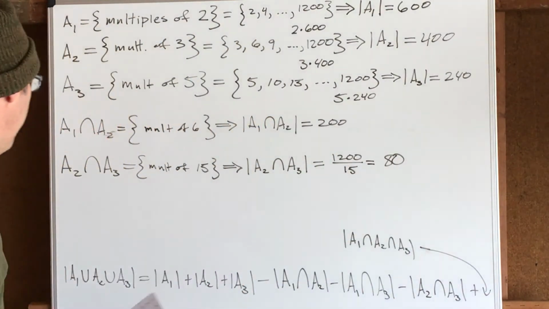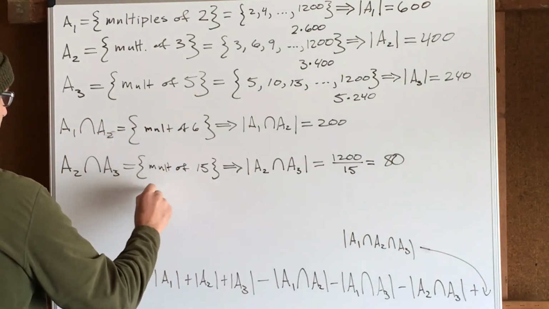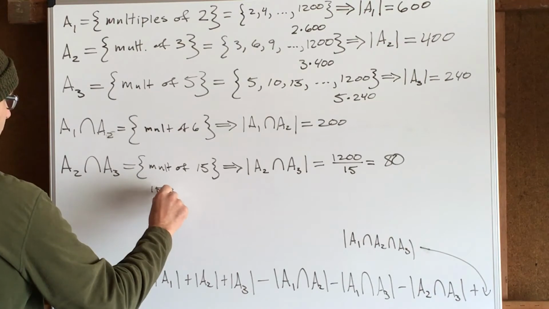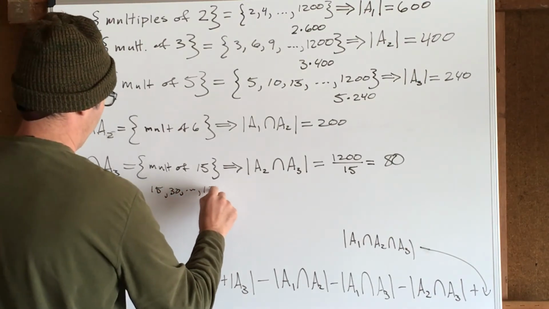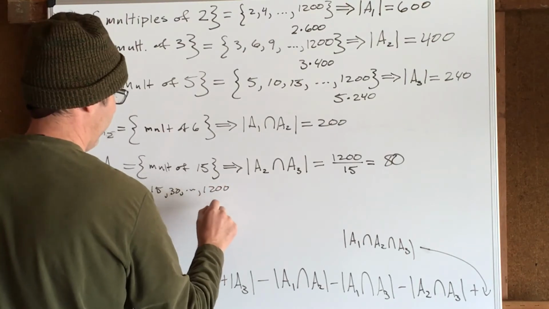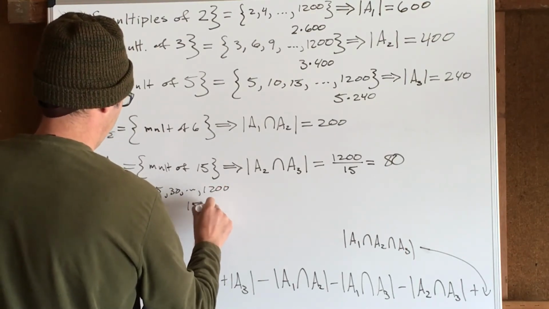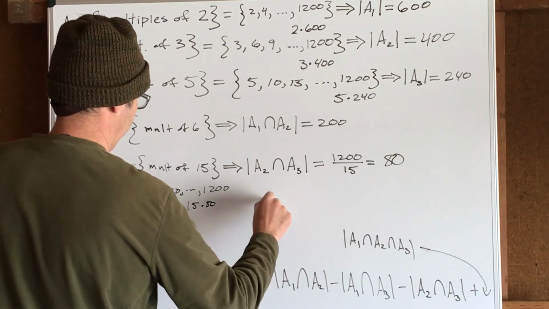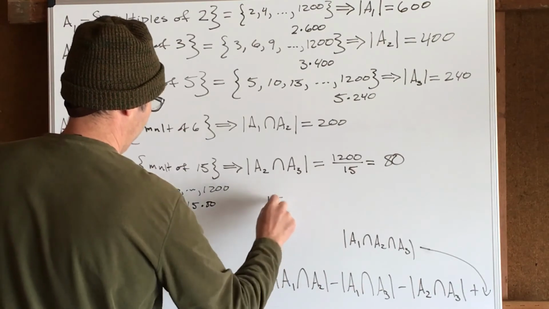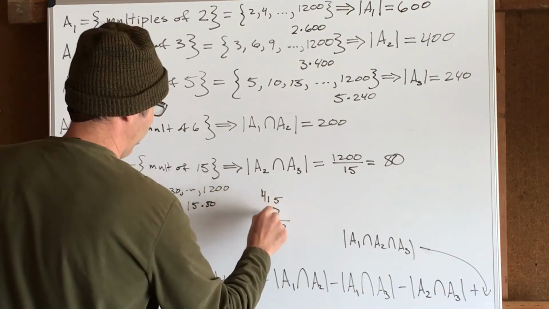So you're seeing how to go about this. Multiples of 15: we start at 15, 30, and then we go up to 1,200. 1,200 is 15 times 80. Let me just check my work there real fast. 5 times 8 is 40, 8, 9, 10, 11, 12.